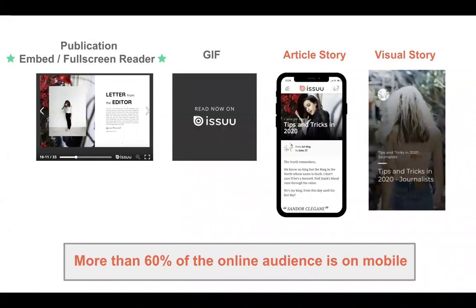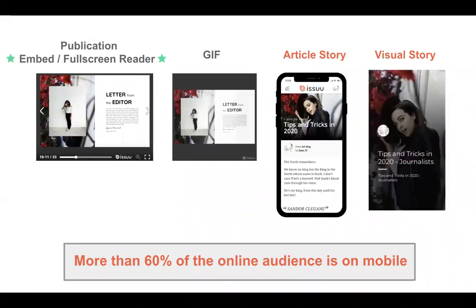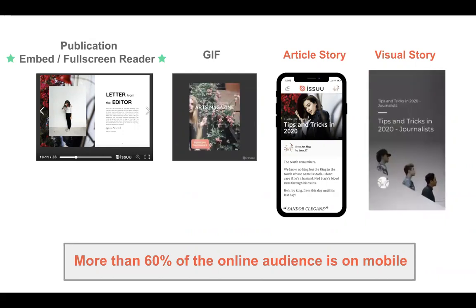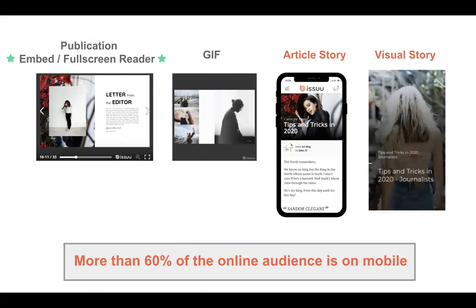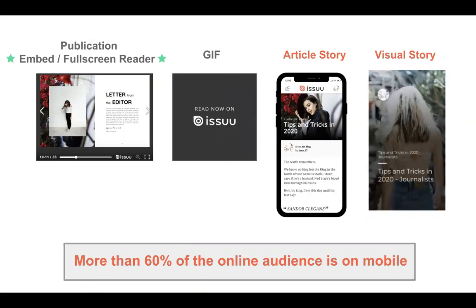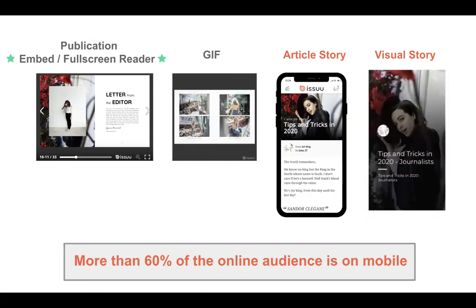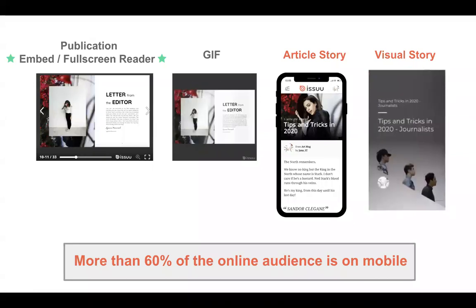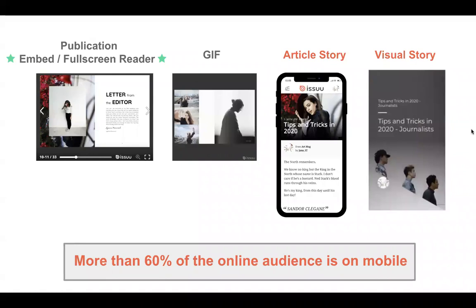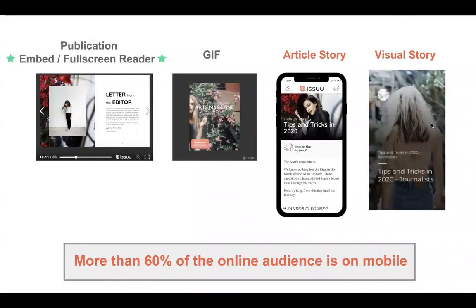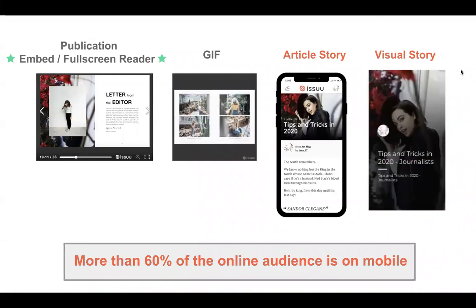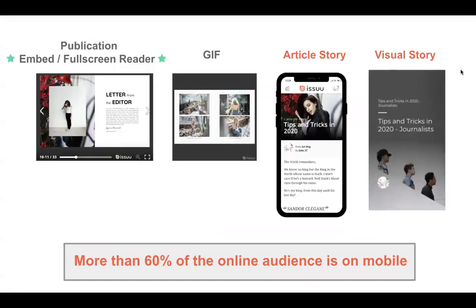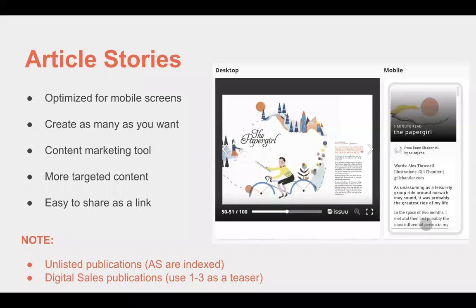That's how we enable you to embed it on your website to create the full screen reading experience, to create a GIF, to create an article story. So it is easier for your readers to scroll down in order to read the content of your PDF. And we also enable you to create visual stories, which are these vertical videos that you can share across your social media. So let me start first with the article stories.